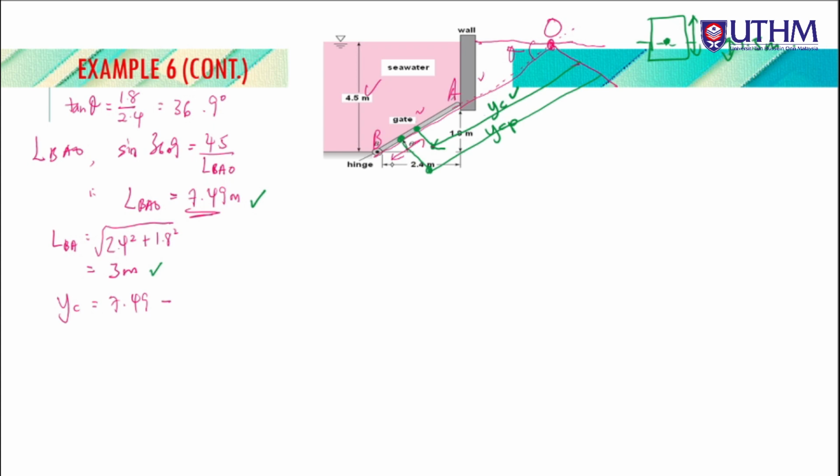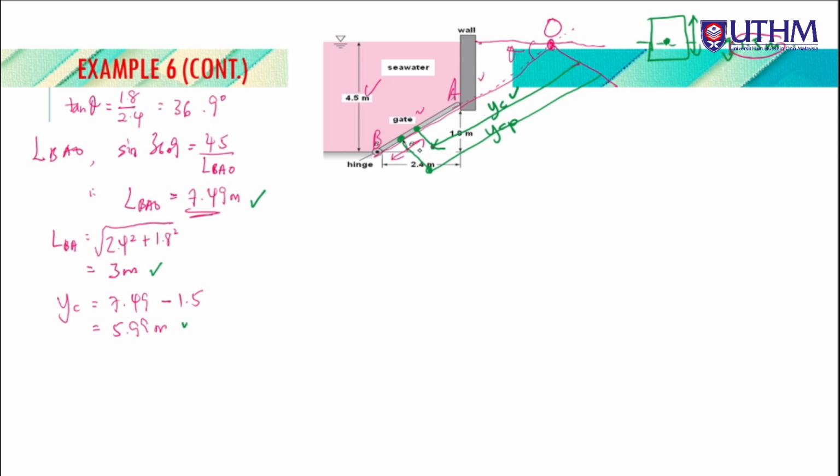Okey, sini adalah separuh daripada height of this rectangular gate lah. Sebab saya 7.49 tolak 1.5, which is equal to 5.99 meter.